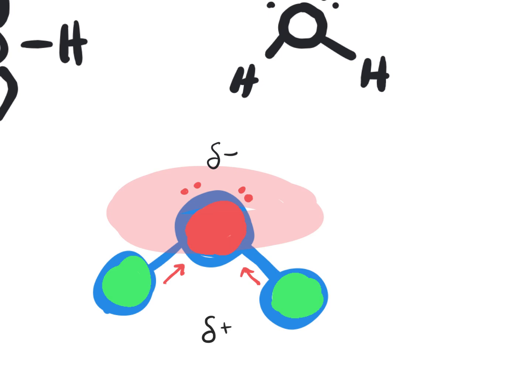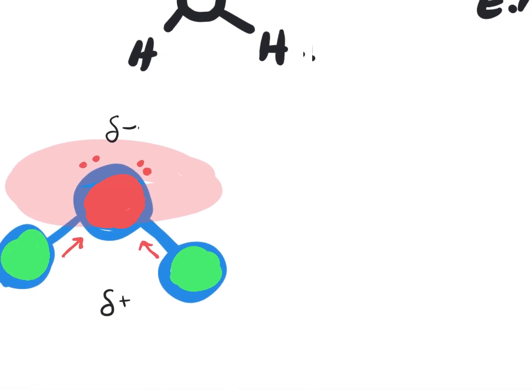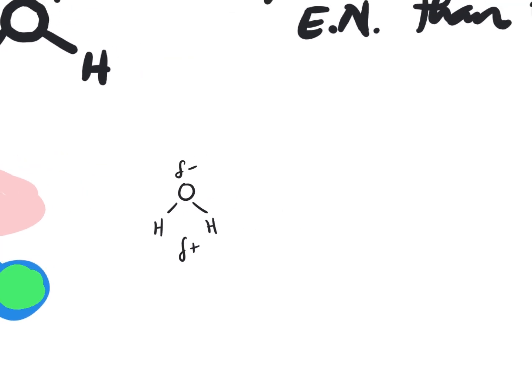The electrons are being pulled more toward the oxygen. They're spending more time around the oxygen, and that's creating a more negative side to this water molecule. When you see water molecules, and this is going to be super important in biology, trust me, water molecules are extremely polar.